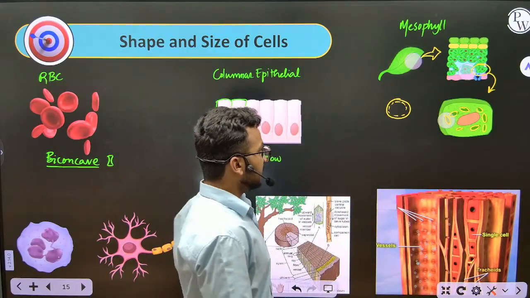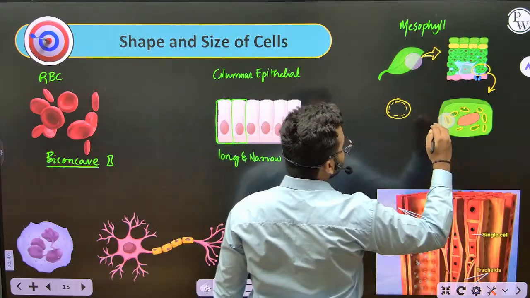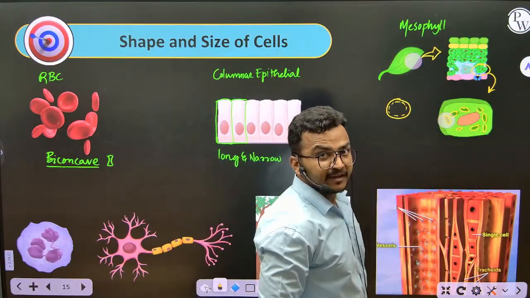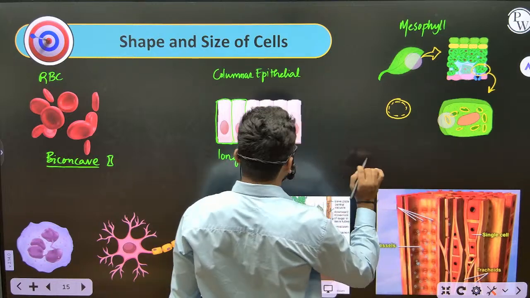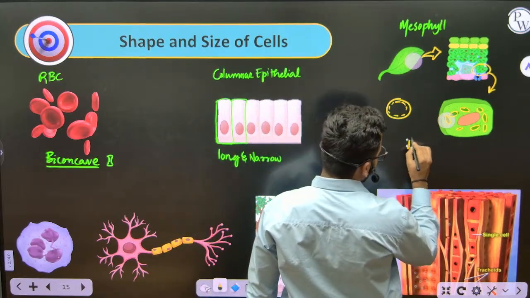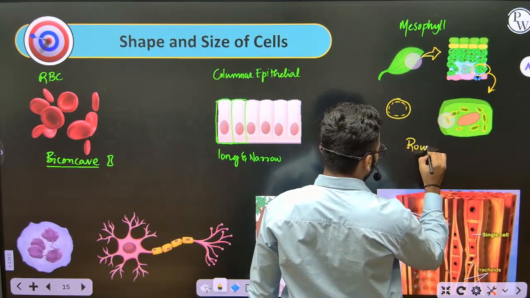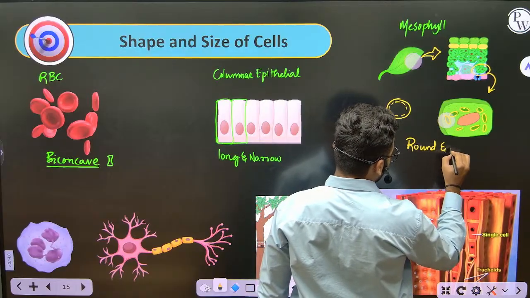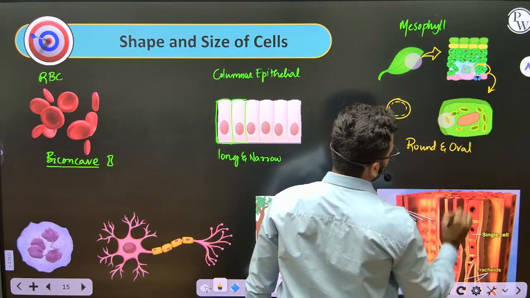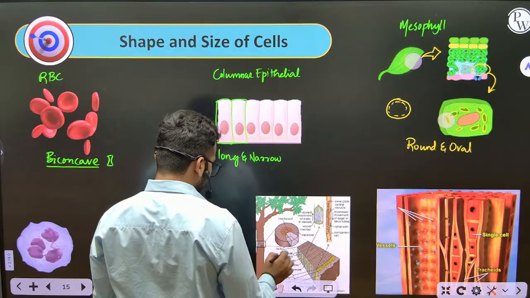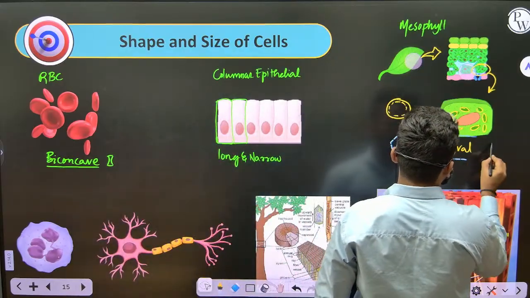You know about that. The shape of mesophyll cells is round and oval.